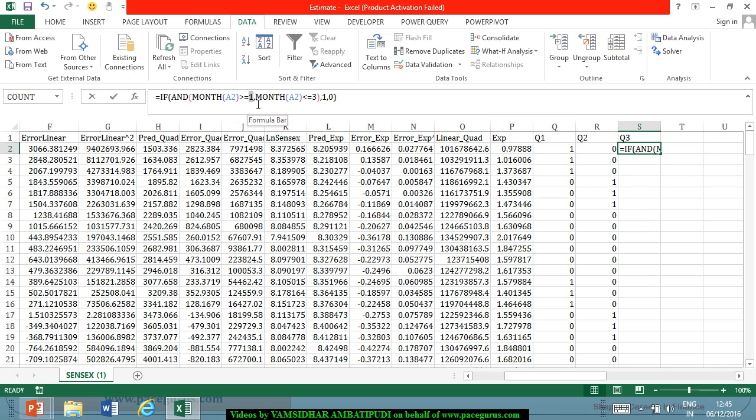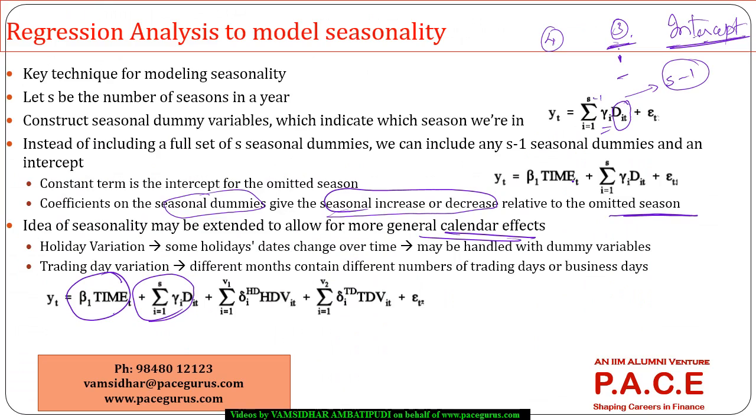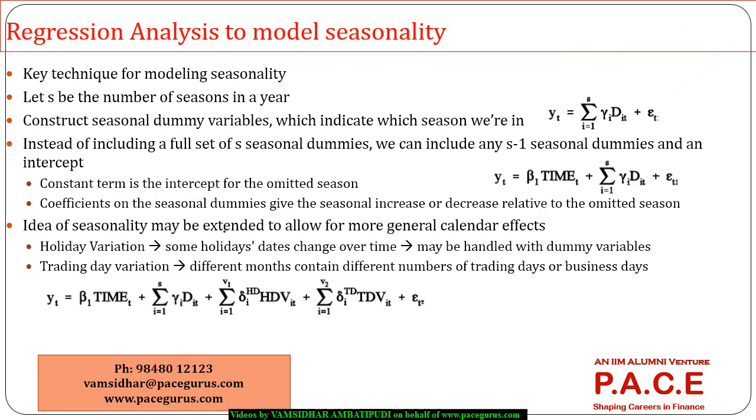Similarly, in case of Q3, I will set it as greater than or equal to 7 and less than or equal to 9. So this is how Q3 is coming into the picture. So I have 3 new variables because I am talking about 4 seasons. So corresponding to S seasons, we have S minus 1 variables. So that is one way we can include the seasonality, that's the general seasonality.